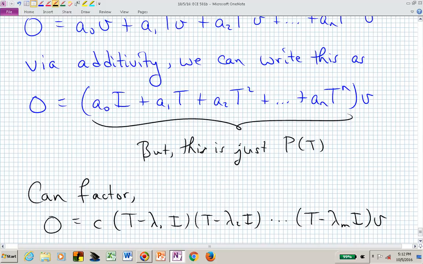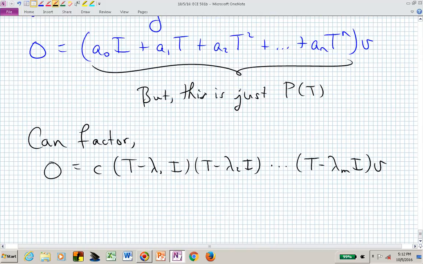We factored our polynomial in our linear operator T. But what does that actually mean? If that collection of factors, v was non-zero, c was non-zero, but somewhere along there we have to end up with a 0 for that right-hand side.